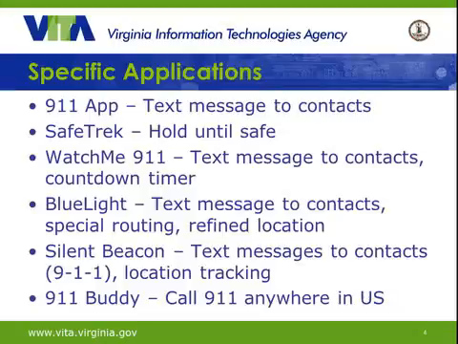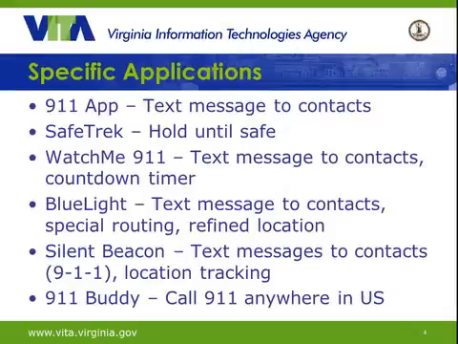Blue Light did texting contacts. It also had the concept of special routing. This one I found interesting. I was not able to determine whether any place in Virginia subscribes to this, but it's a community subscription-based app, and they were focused on college campuses and industrial complexes, things like that.